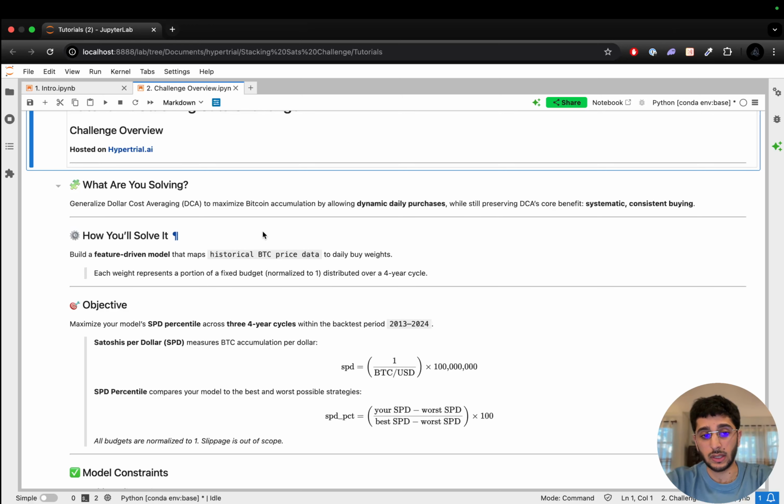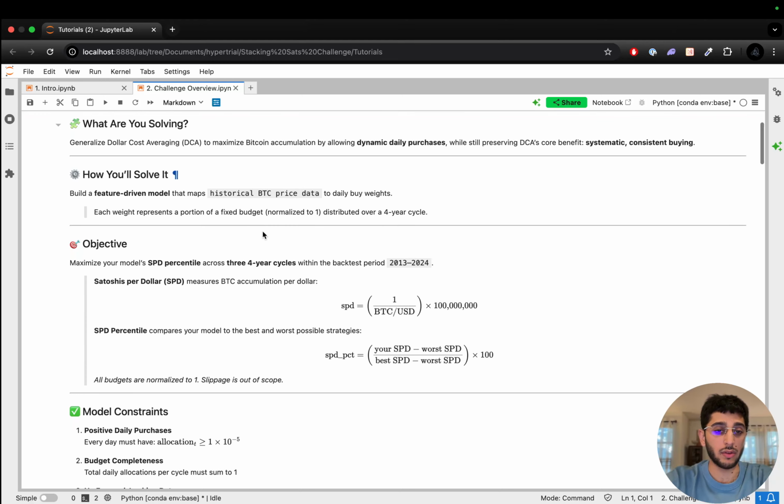Now, turning that into a machine learning problem statement: rather than cherry picking the decisions of how and how much to purchase, you want a model to make an informed decision each day on how much you should purchase. One detail is that we're going to move away from dollar denominated budgets to a normalized budget of 1, denoting a proportion.